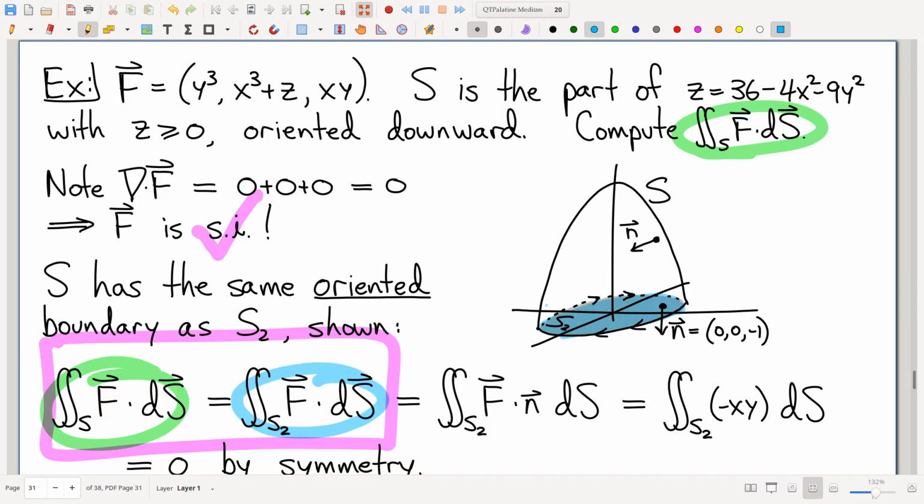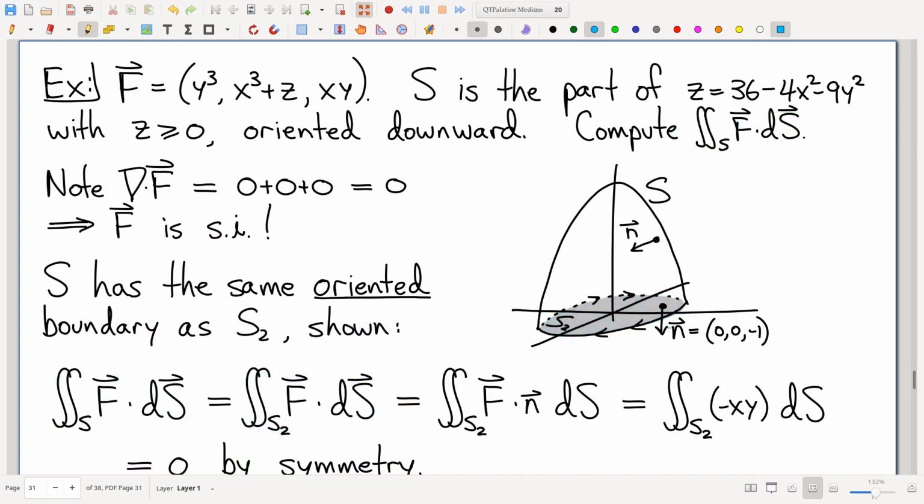Oh yeah, go ahead. I don't quite understand how you're getting the normal you draw for S from saying S is oriented downward. Yeah, that's right. So, okay, let me talk about that. The language about orientations is sloppy. It has to be.